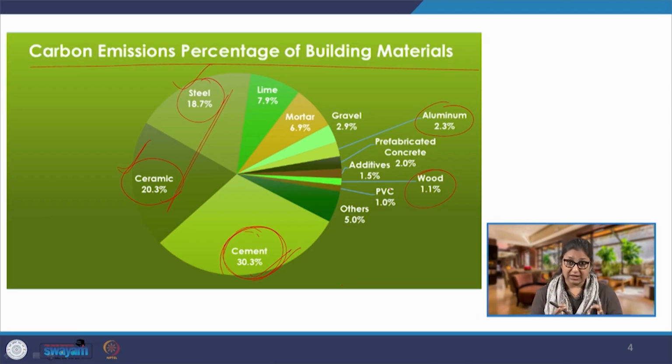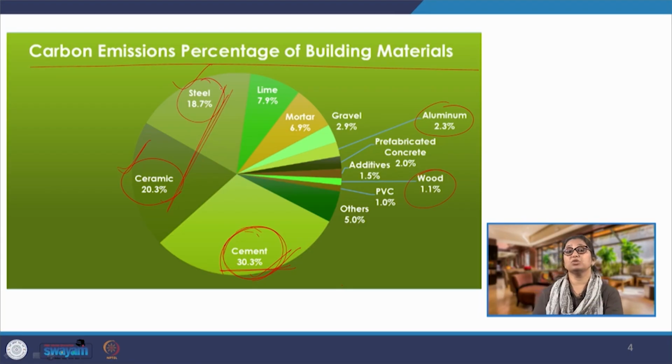So, what we can clearly see is that there is a huge percentage contributed by cement as far as overall carbon emissions from building materials is concerned, and we can look at this plus these two materials.